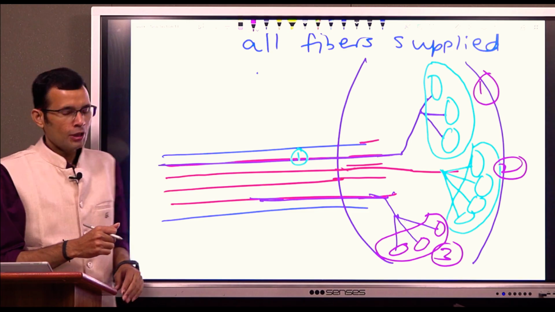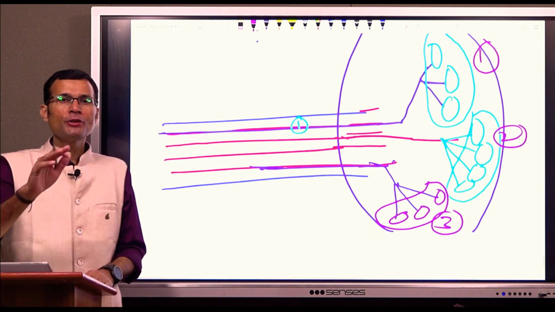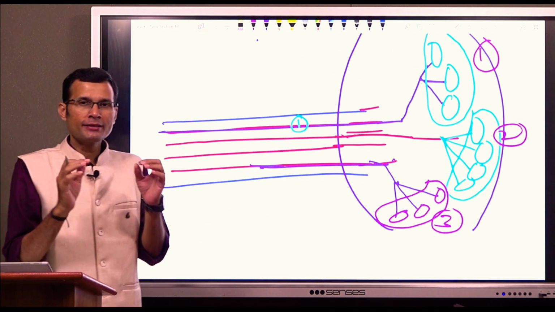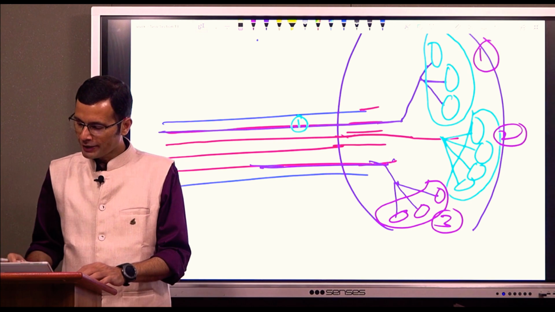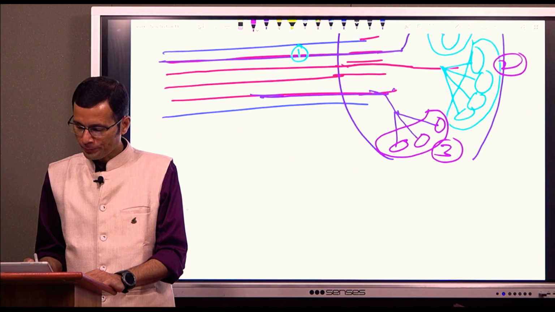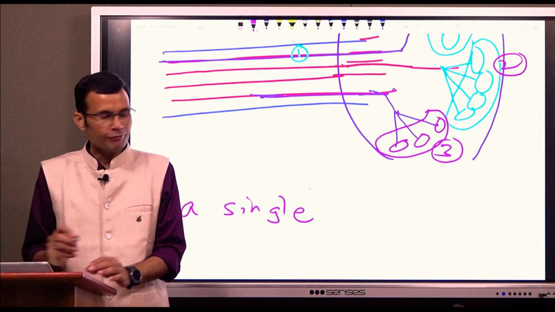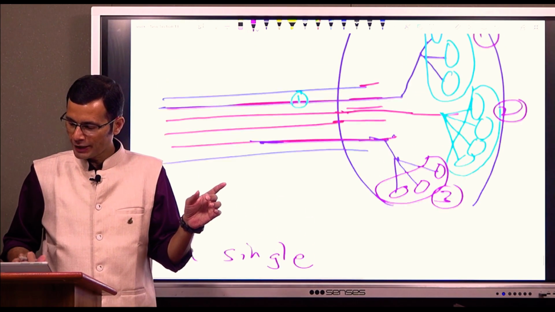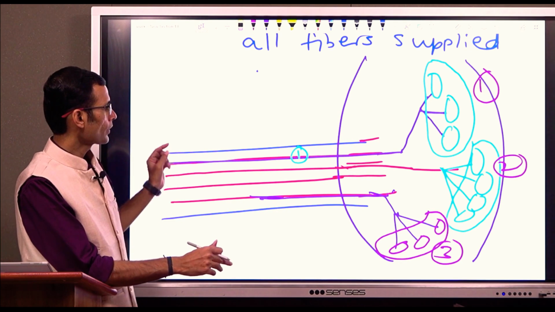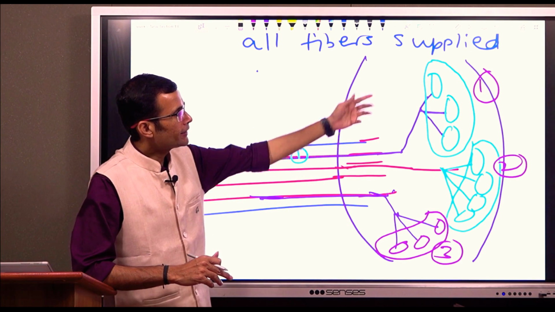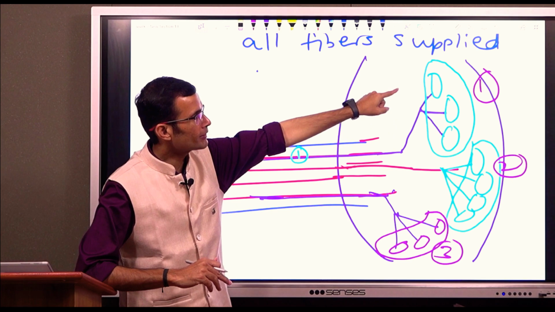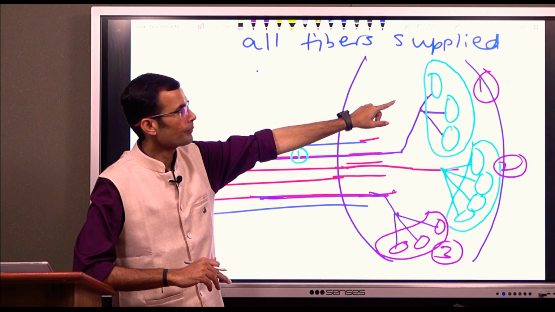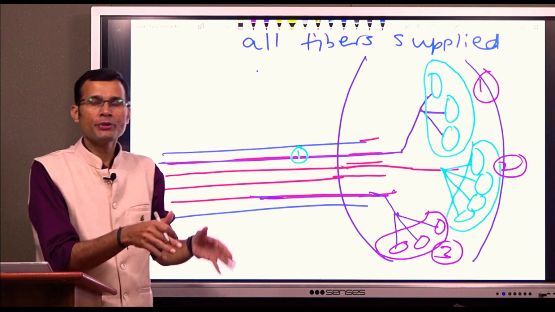Now, I need to tell you two things. One is, a single motor unit obeys all or none law. Remember, if I may just repeat once again, what is a motor unit? A motor neuron, its branches and all the muscle fibers innervated by it. That makes a single motor unit.